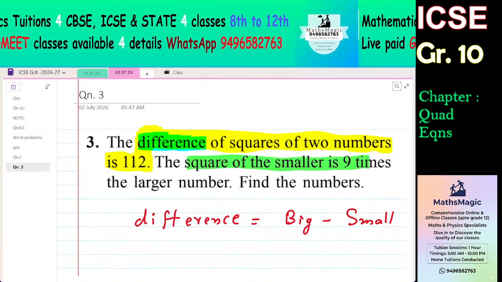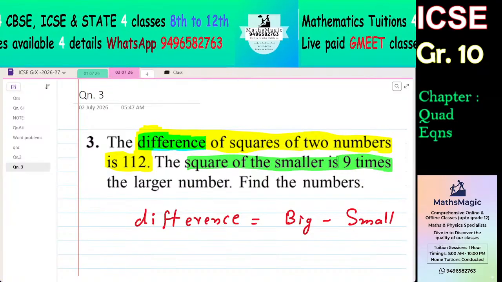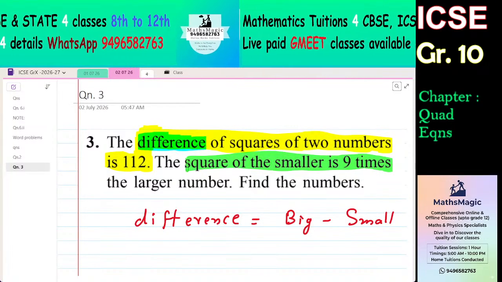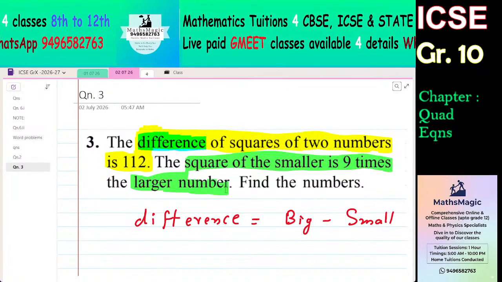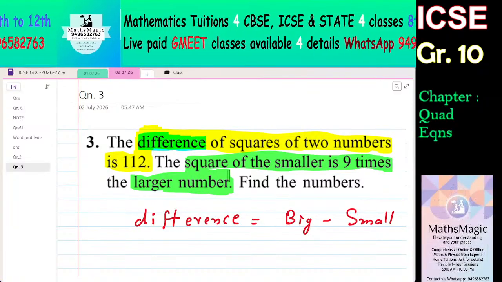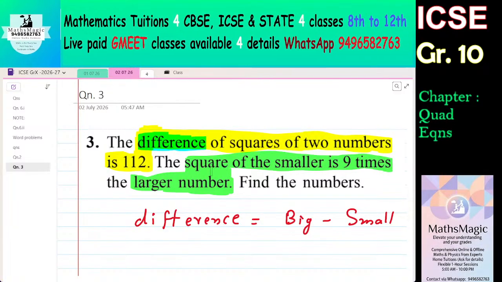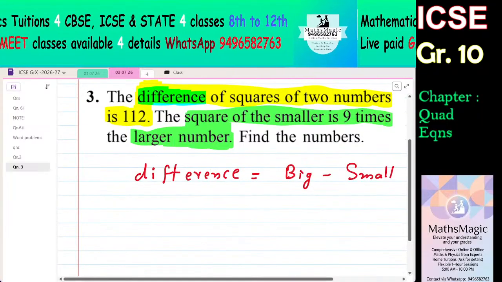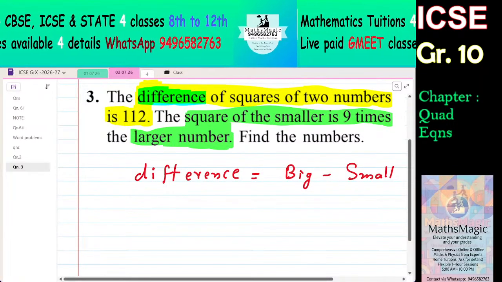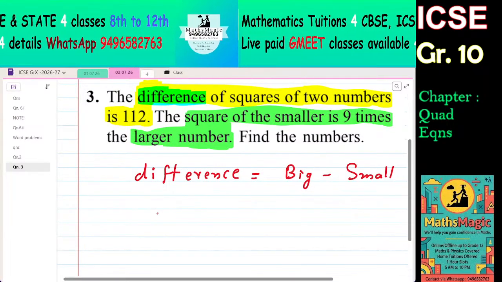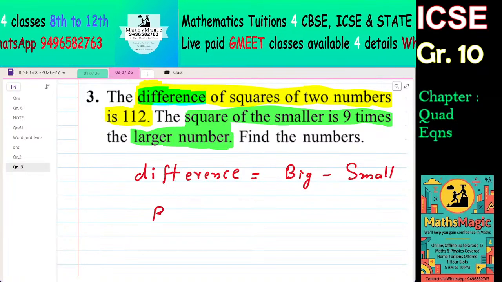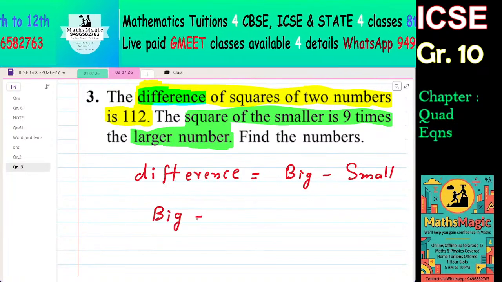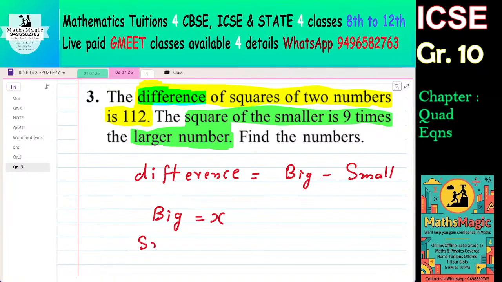The square of the smaller is 9 times the larger number. Again, most of you want to stick with x and y. Okay, it's okay to take big as x and small as y.